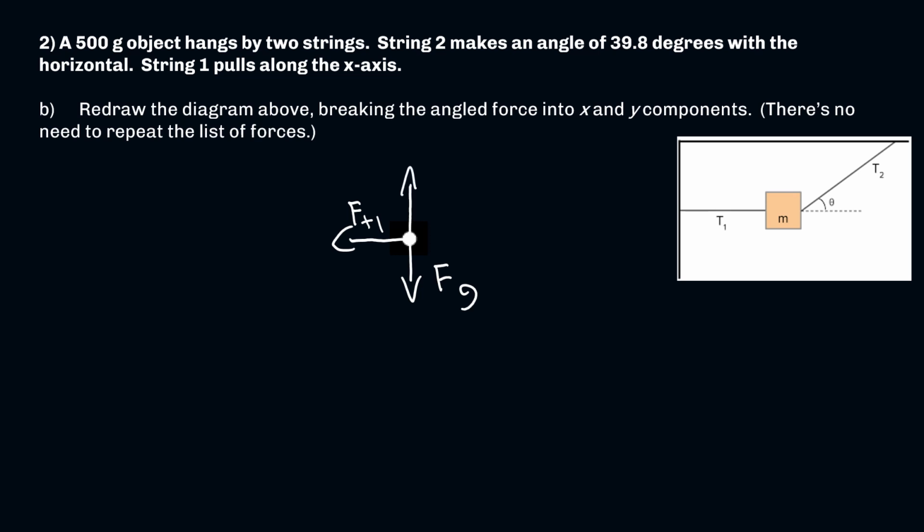So that's going to be my vertical component. So we have here FT2y. And then going to the right here, I have FT2x. So essentially, again, we're going to create our equilibrium equation based on this. So very similar to the original situation, again, just given a different set of variables to kind of work with here. So let's go into part C again.